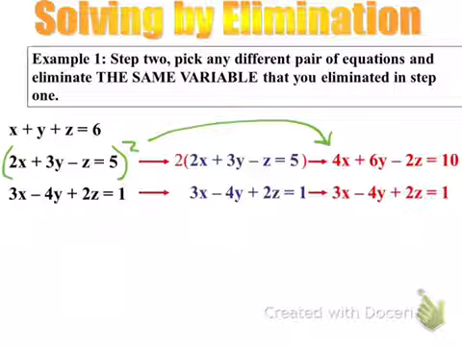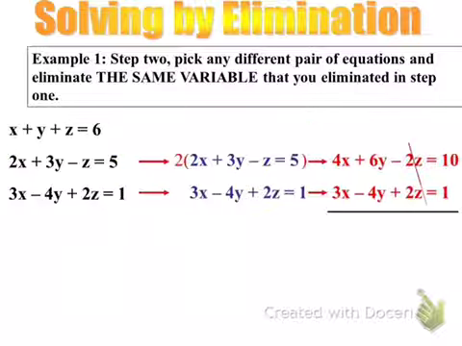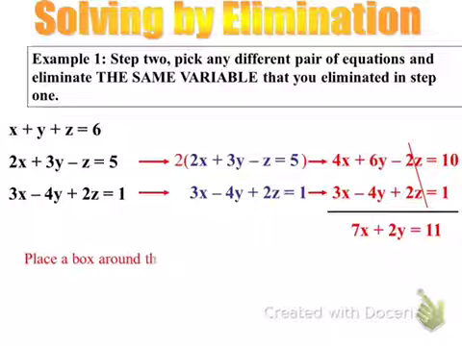And if we add those two equations together, what do we get? Are y'all with me? Bad day to daydream. 7x plus 2y equals 11. All right, so that's our second equation that we're going to use.